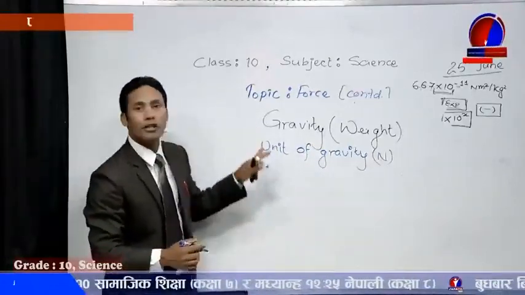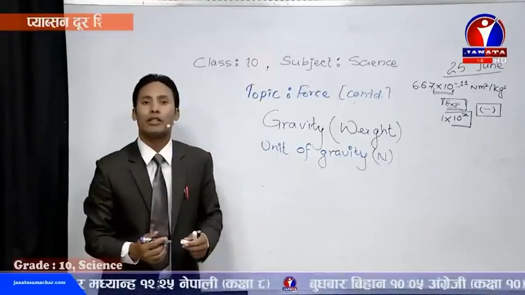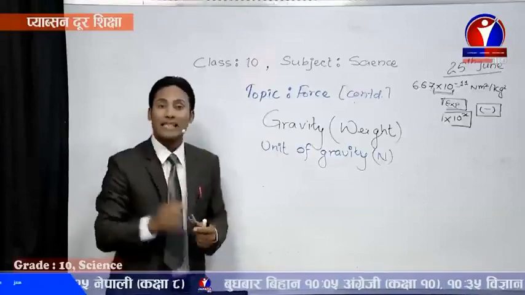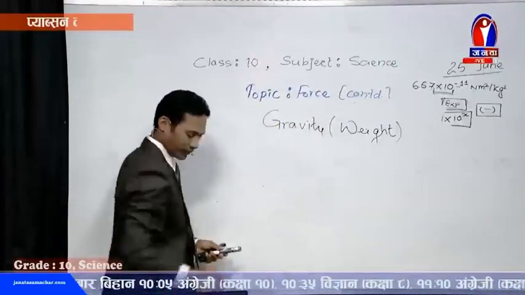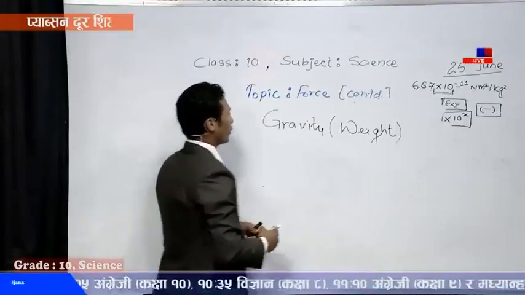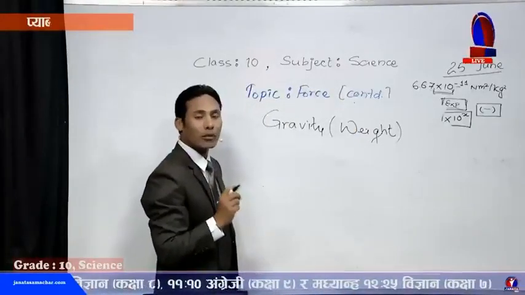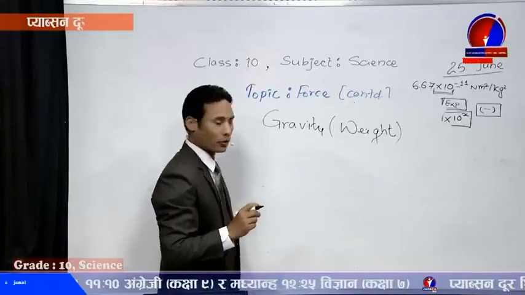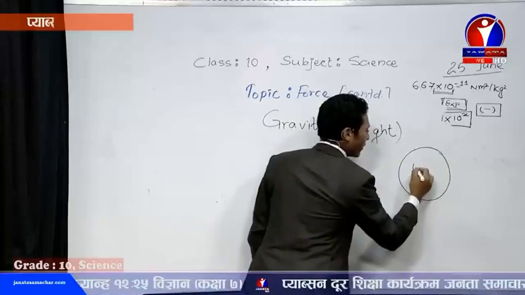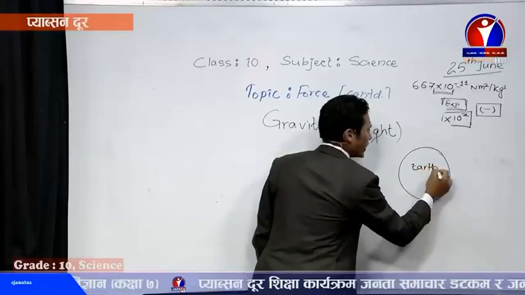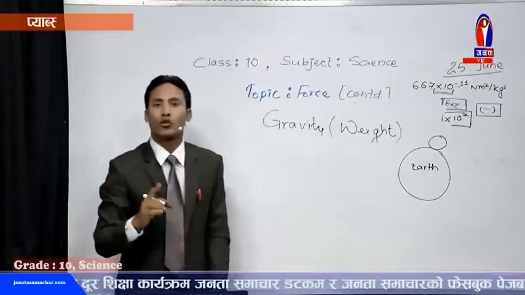Now it is a special case of the gravitational force, Newton's universal gravitational force. That's why let's derive this also. Let's take one object that must be a heavenly body, so let's say the earth. So here is the earth, right? This one is the earth, and one object is there at its surface.